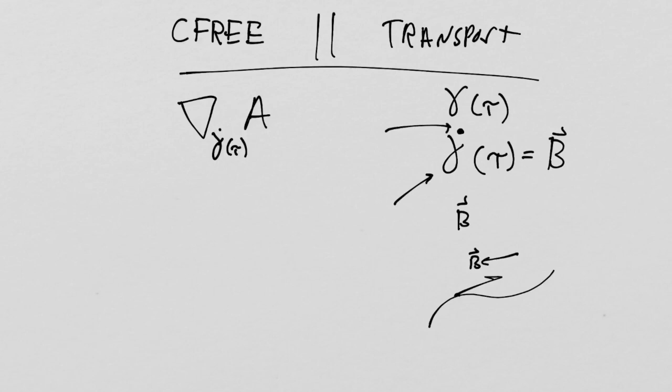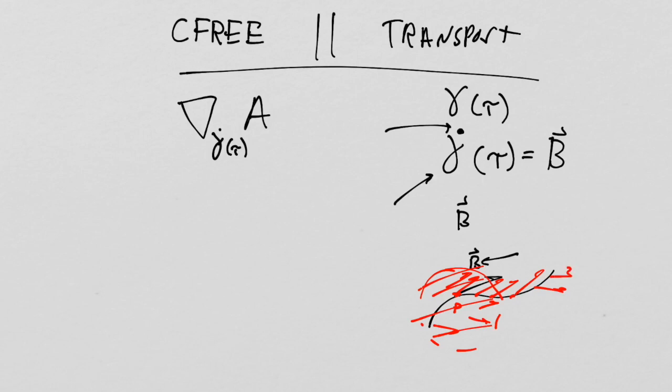So now we're going to say the covariant derivative of the vector field A, right? Here's our point P, here's a neighborhood of P. On this neighborhood of P, we have a vector field A, which has a value at P, and it has a value along this curve as well. It may change a lot, may change a little bit.